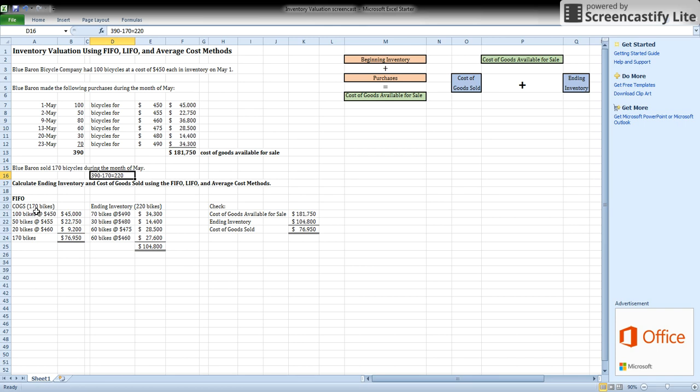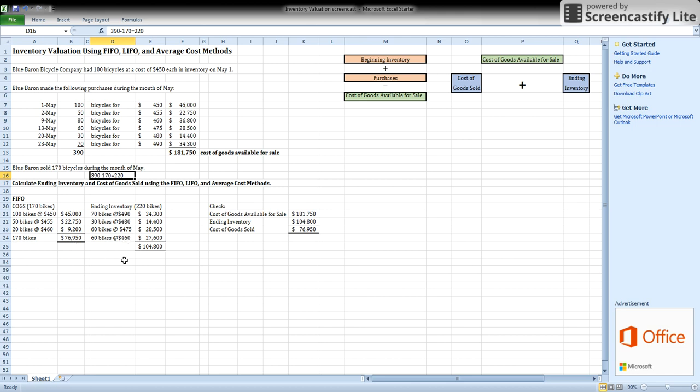So we sold the first 100 bikes out of beginning inventory. We sold the 50 that we purchased on the 2nd. So that's 150. We need 20 more bikes. So those 20 bikes would come from the May 9th purchases at $460. 20 bikes at $460 is $9,200. So if we add up those amounts, we find out that our cost of goods sold under FIFO is $76,950.